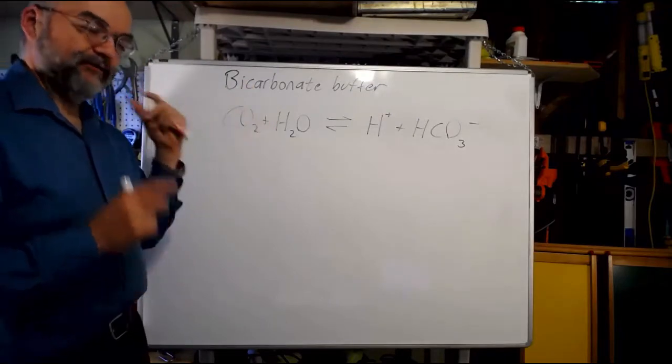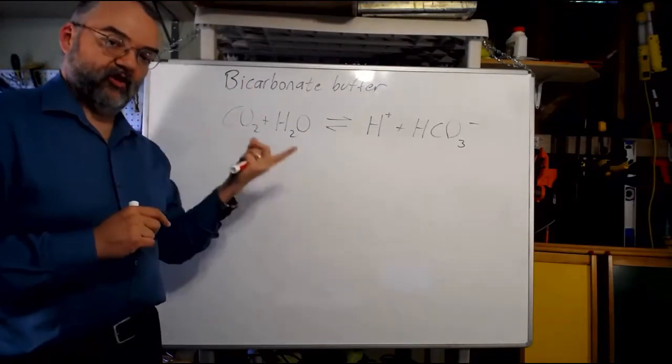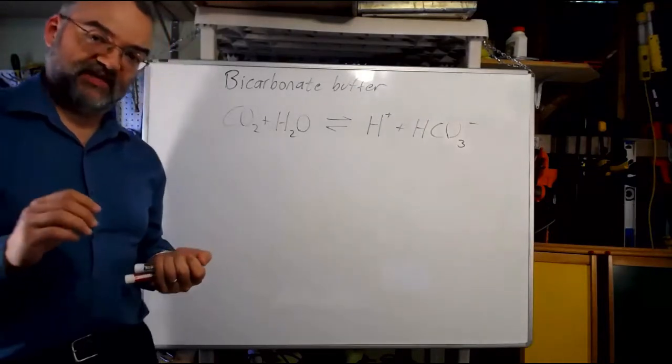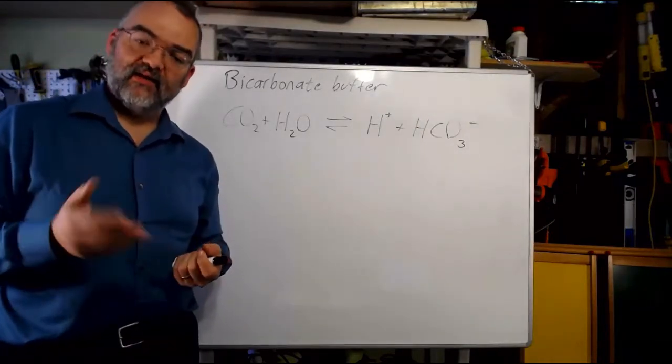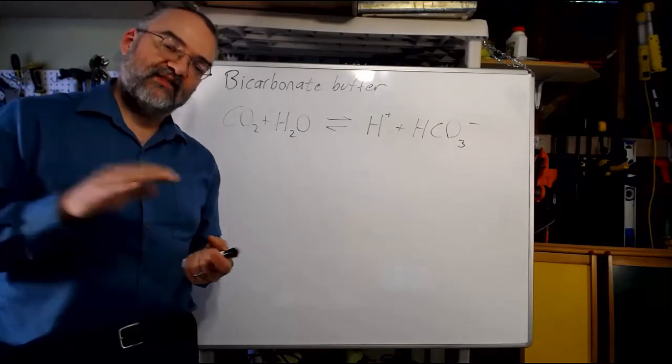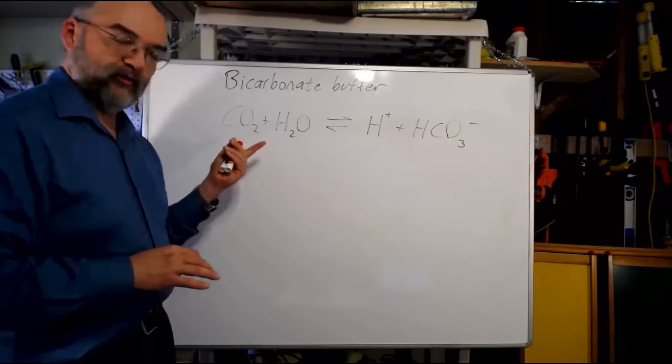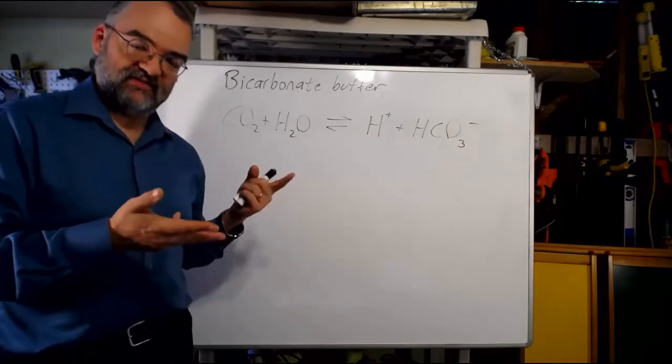Now, that first step, CO2 and water to carbonic acid, is actually a slow reaction on its own. It happens spontaneously, but relatively slowly. So, in the body, it has to happen a little bit faster in order for us to see this happen effectively.